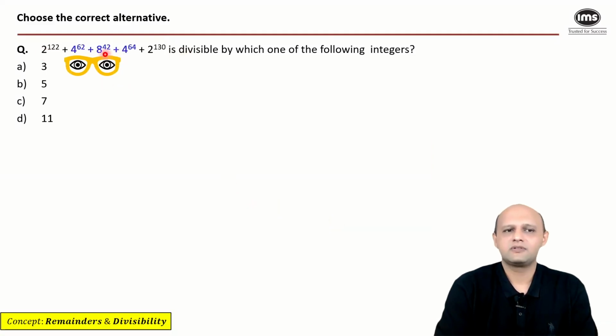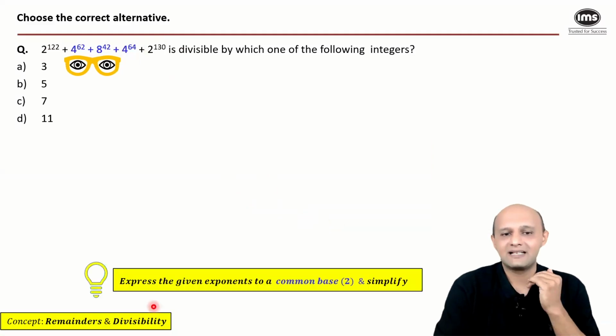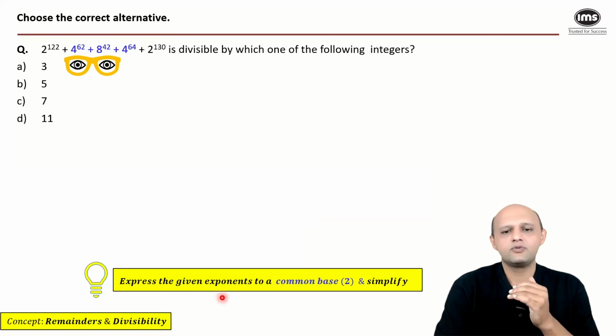So all these powers, 4 raised to 62, 8 raised to 42, 4 raised to 64, again, can be expressed in the same base. So what is very important here is to express the given exponents to a common base, which is 2, and then simplify. Knowing where to start solving becomes very important in such cases.